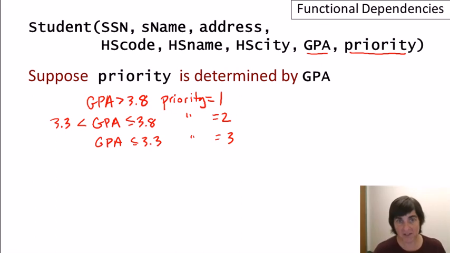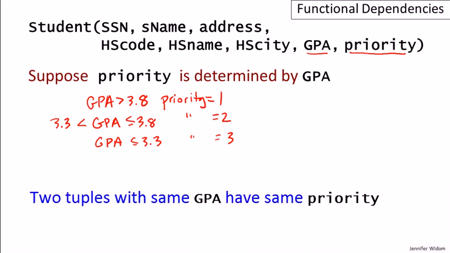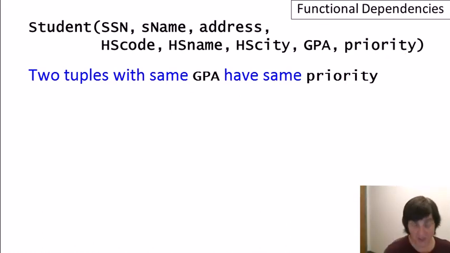So if this relationship is guaranteed in our data, then what we can say is that any two tuples that have the same GPA are guaranteed to have the same priority. And let's formalize that concept. I'm going to write a little logical statement here.